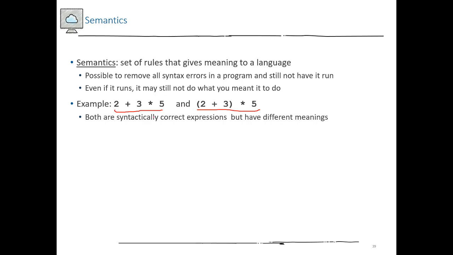Execution-wise, they're correct. Both will execute, right? But one will give you a different result than the other. That's semantics. So you need to decide what it is that you want. Which will give you the correct result, this expression or this expression? Because they will give you different results.